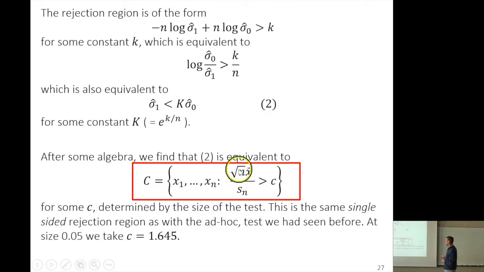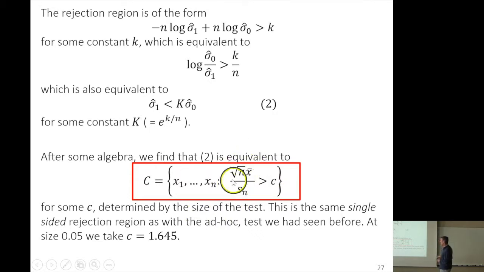Here, with all the strong assumptions I've made about Gaussian and everything, I can compute the distribution of that under H0 to find the size of the test. To find C, we need to say that the size of the test is, for example, 0.05. We need to compute the probability that x bar over Sn times square root of n, when H0 is true, is larger than C. And this can be computed.